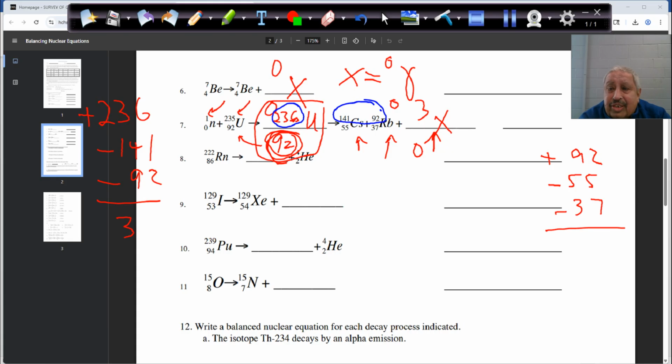So which element is 0 on the bottom and 3 on the top? Do you have an element that's 0 atomic number? No. This means the charge is 0. So the charge is 0. So can I take this one here and play it around? How about if I put 3 neutrons? 3 neutrons.